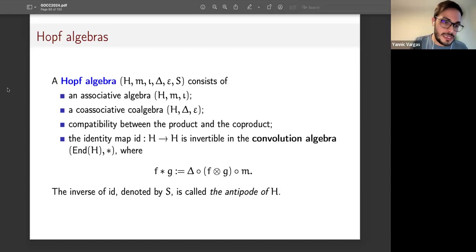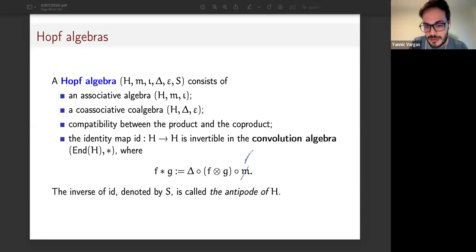Here again I have a typo, I should have delta. So I apply the coproduct, I will have possibly a sum of two terms, I apply f and g, and then I multiply everything together. This forms an algebra, and not every element in here has an inverse, but when the identity map has an inverse, it's called the antipode, and when the antipode exists, then we say that H is a Hopf algebra.